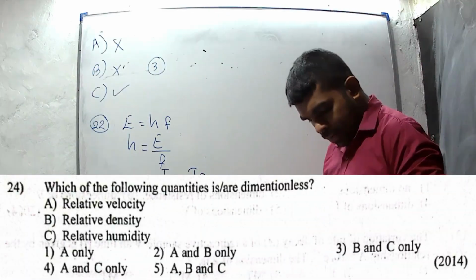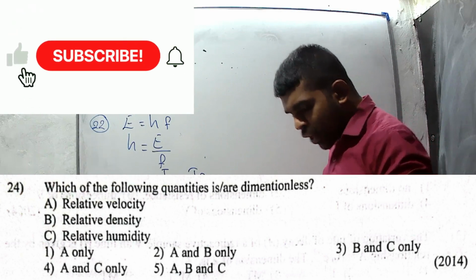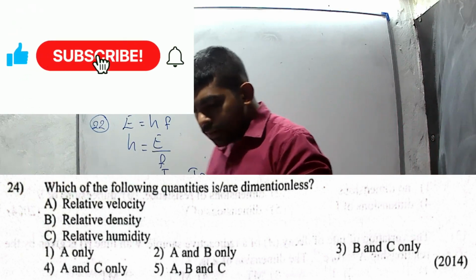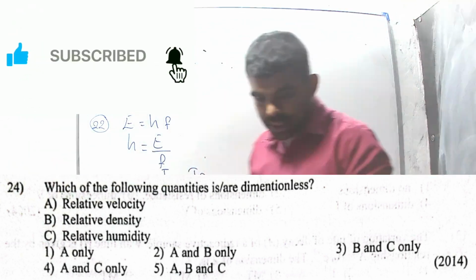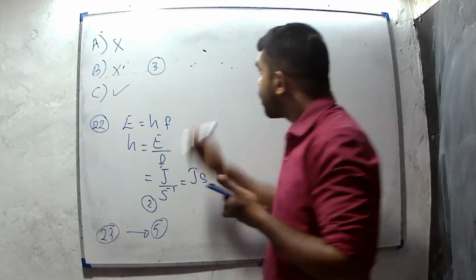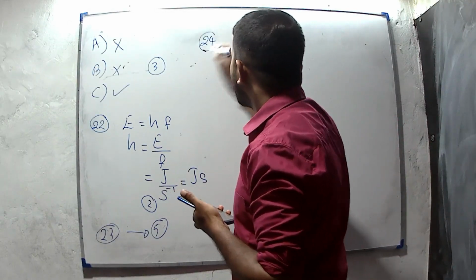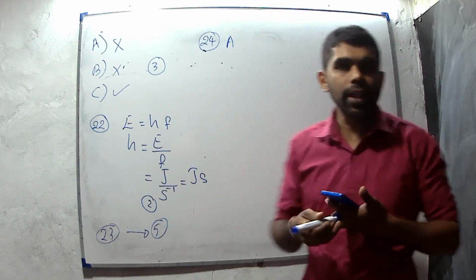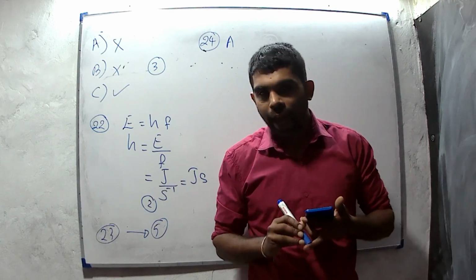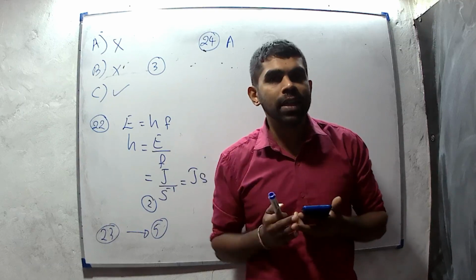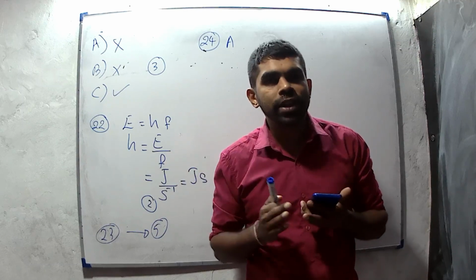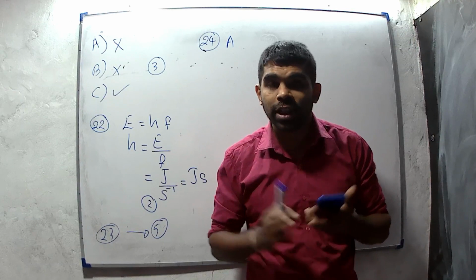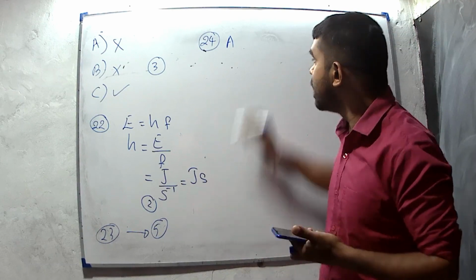Then 24. Which of the following quantities are dimensionless? A. Relative velocity. We know that relative velocity has units, and relative velocity means sum of two velocities or difference of two velocities. Therefore, it has dimensions.